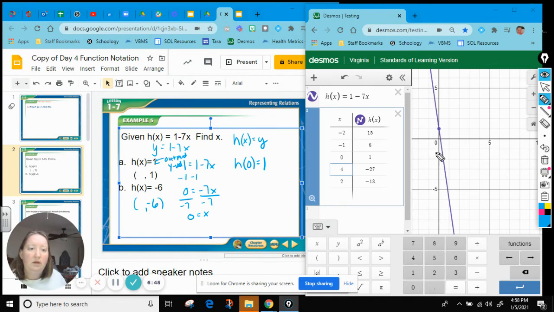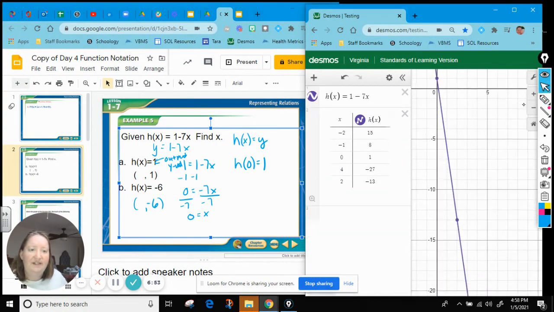So on this y-axis, when the y is -6, let's see if we can find it. So if the y value is -6, then what is, there it is. Okay, so the y value here at this point on the line is -6, and what is the x value? It's 1. So that's how to use Desmos to answer these questions.